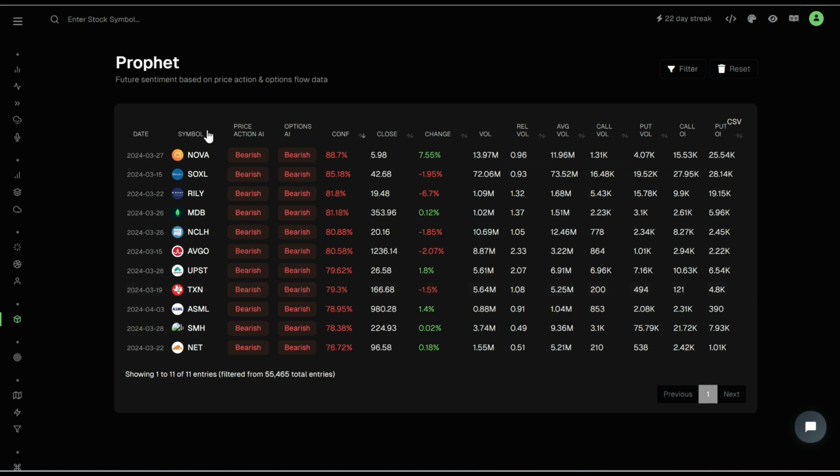Anyhow, what we have done is whittled down high confidence things that have bearish price action and bearish options AI. And from here, like I said, the simplest thing that you can do is first go to its charts page, draw out its levels, start to look at where exactly it is on its daily time frame, some of its lower time frames, what its support levels are, what its resistance levels are, how close it is to all of those things.